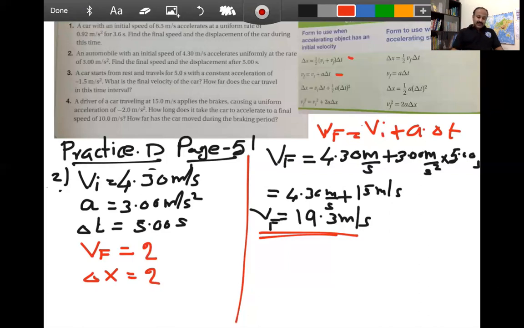So third equation is delta x is equal to Vi delta t plus half a delta t square.